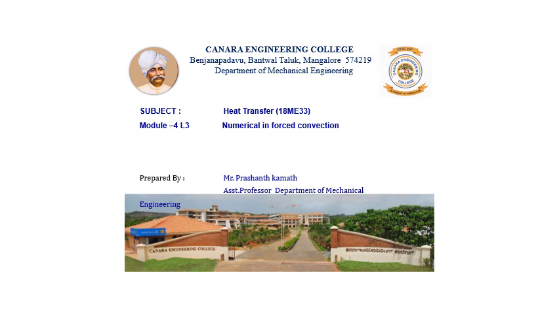Therefore, Q can be easily found out by using h into A into delta T, where h is the convective heat transfer coefficient, A is the surface area, and delta T is the temperature difference between the surface and the surrounding. So this is the general procedure that is followed in convective heat transfer, in particular in forced convection problems.